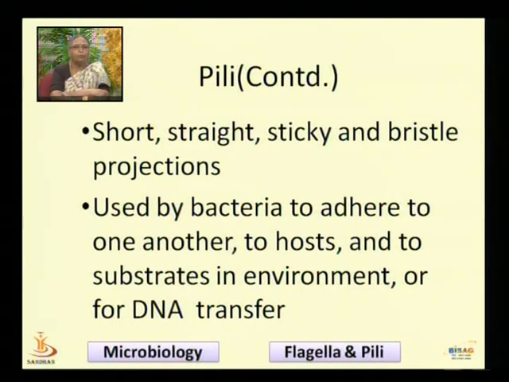With the help of pili, bacteria can adhere to other bacterial cells. They can also adhere to their host cells. This is very important in the case of pathogenic organisms, and they also give bacteria the property of adherence to their substrates in the environment.